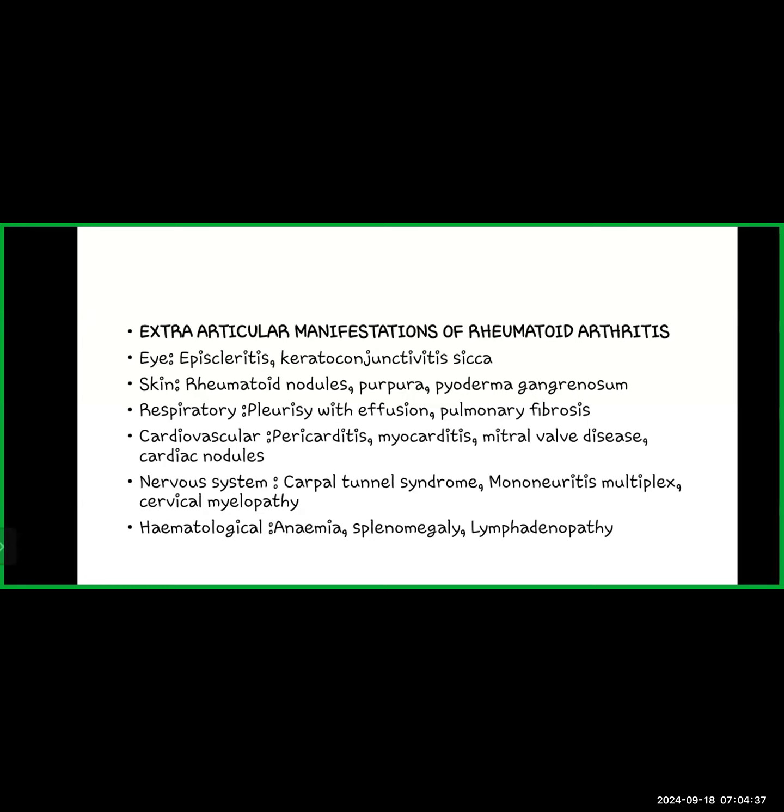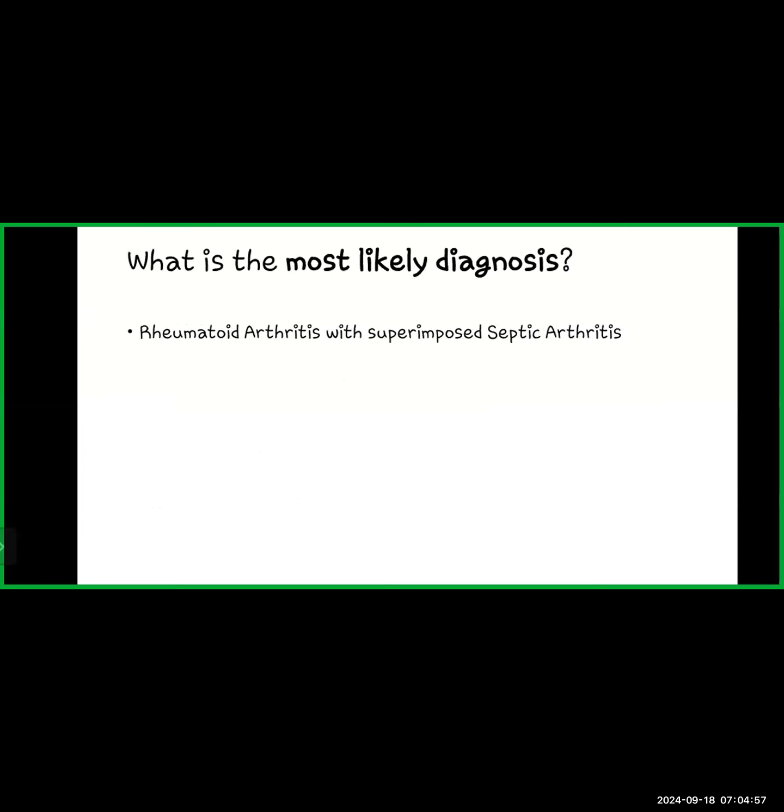For the cardiovascular system, I can see pericarditis, myocarditis, mitral valve disease, and cardiac nodules. In the nervous system, a person can have carpal tunnel syndrome, mononeuritis multiplex, and cervical myelopathy. Hematology, you can see anemia, splenomegaly, and lymphadenopathy. The most likely diagnosis in this patient is rheumatoid arthritis with superimposed septic arthritis.